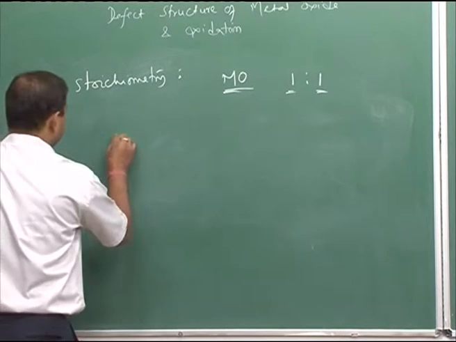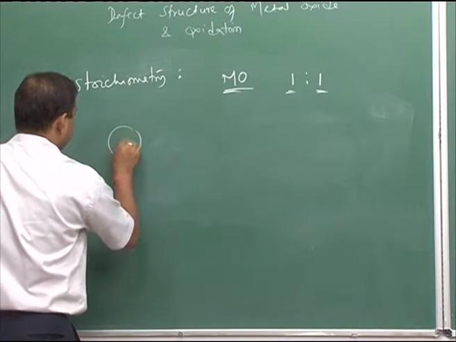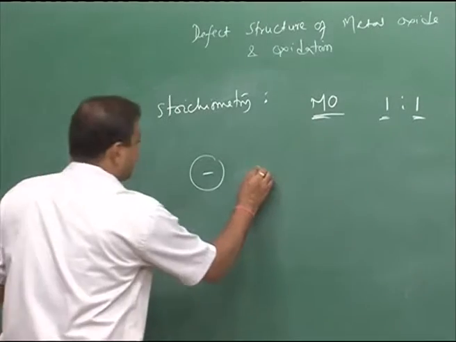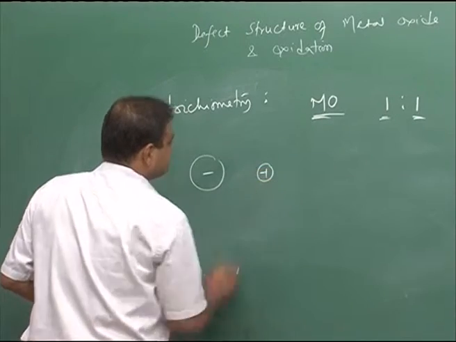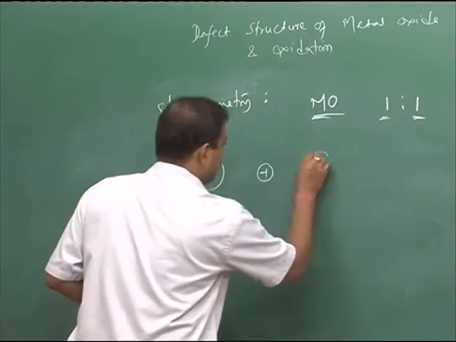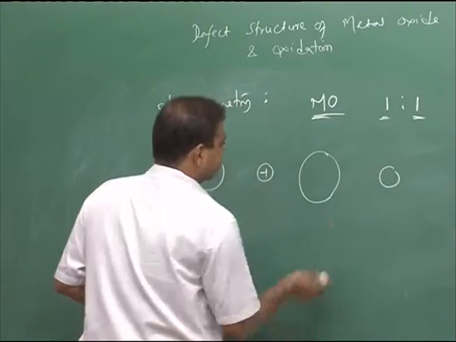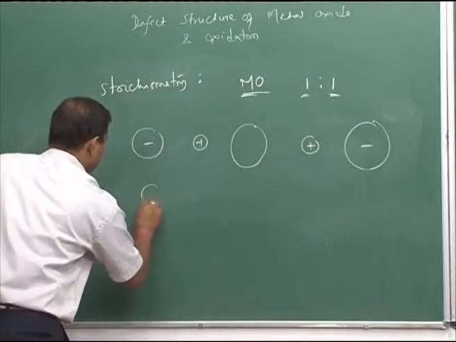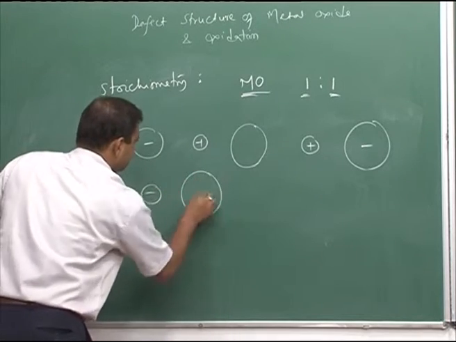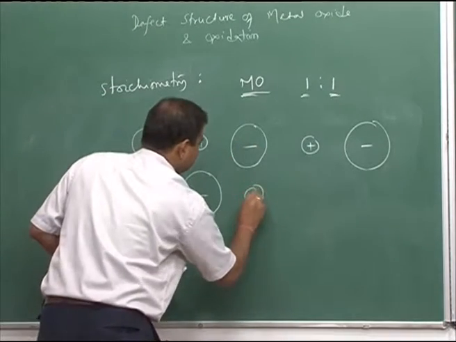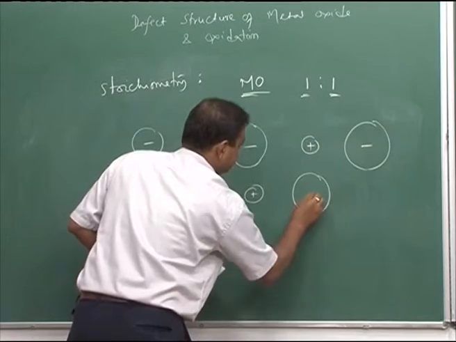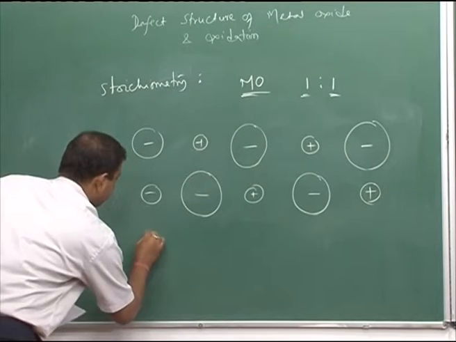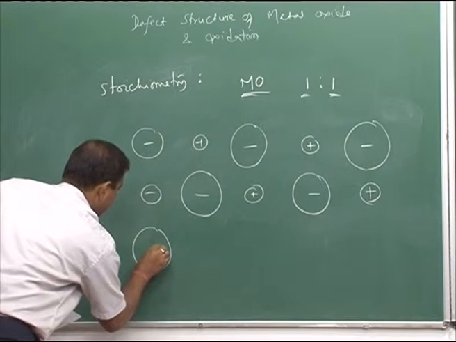For example, let us say the negative is anion and there is a small positive which is cation. Like that we can have a distribution like this.